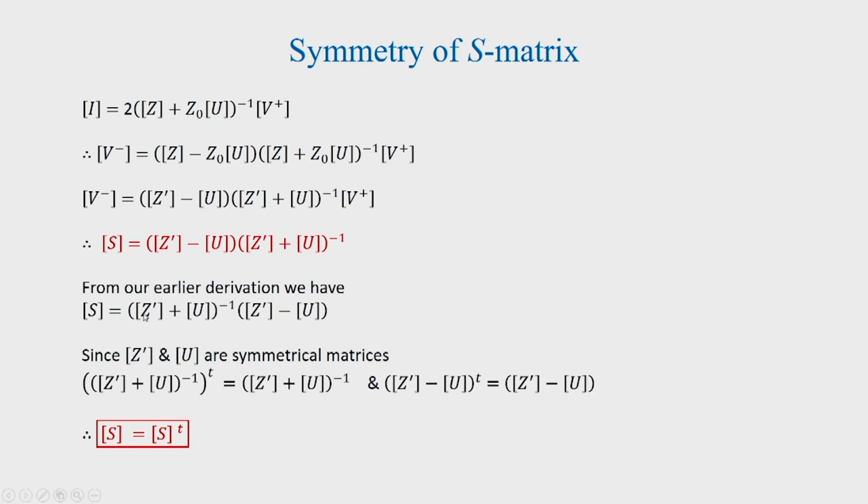From this we can find that S is equal to S transpose, and this shows that the scattering matrix for a microwave network is symmetric.